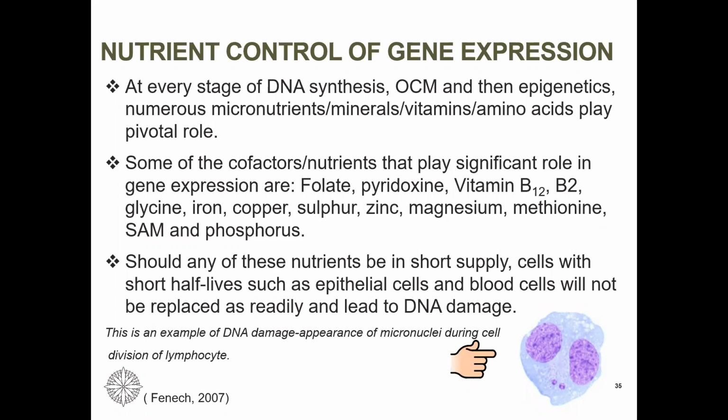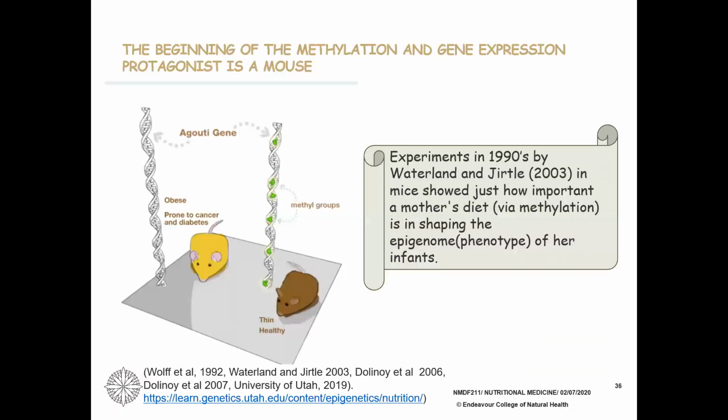In all those conditions, if people have more micronuclei, that indicates DNA damage, and that leads to the origin of these diseases. So can we prevent it? And how do we prevent them?